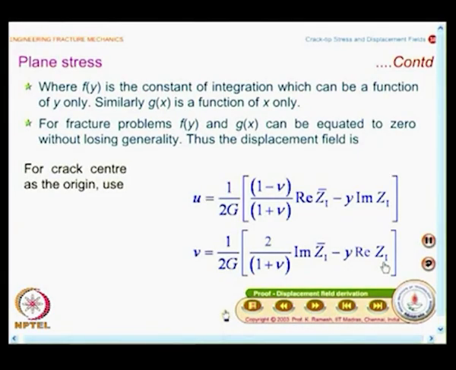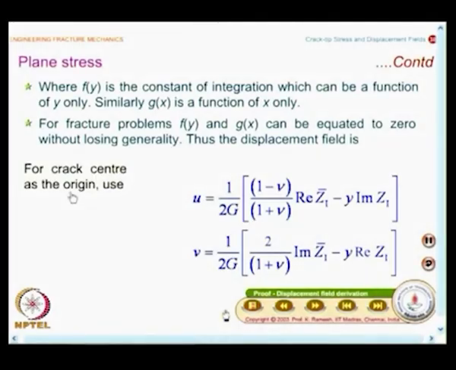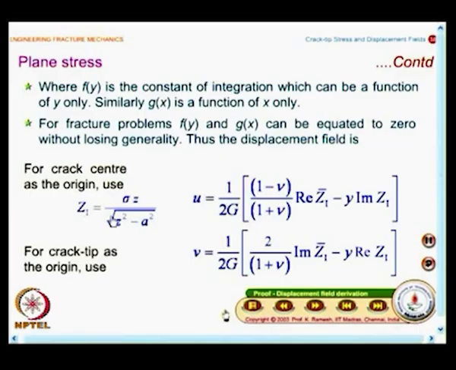Our interest is to get the displacement field with crack center as the origin as well as crack tip as the origin. So, for crack center as the origin, use the stress function as Z1 equal to sigma z divided by root of z squared minus a squared. For crack tip as the origin, use Z1 equal to K1 by root of 2 pi z naught.